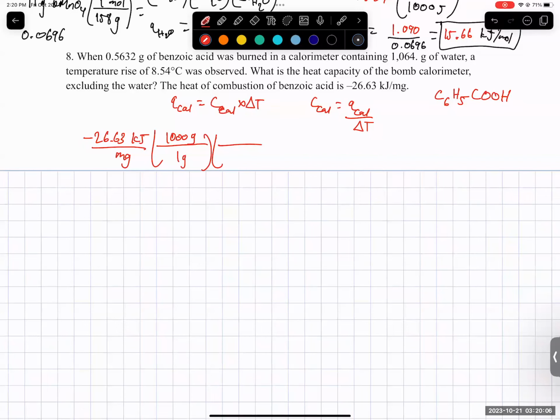Y'all didn't go over naming of hydrocarbons, so, well, back when Dylan and I took the class, we went over naming of hydrocarbons, so we had to know pentane and stuff like that. Point being, y'all don't have to worry about that. So 12 times 7 is 84, plus 6 is 90, plus 32 is 112. So 112 grams are in 1 mole.